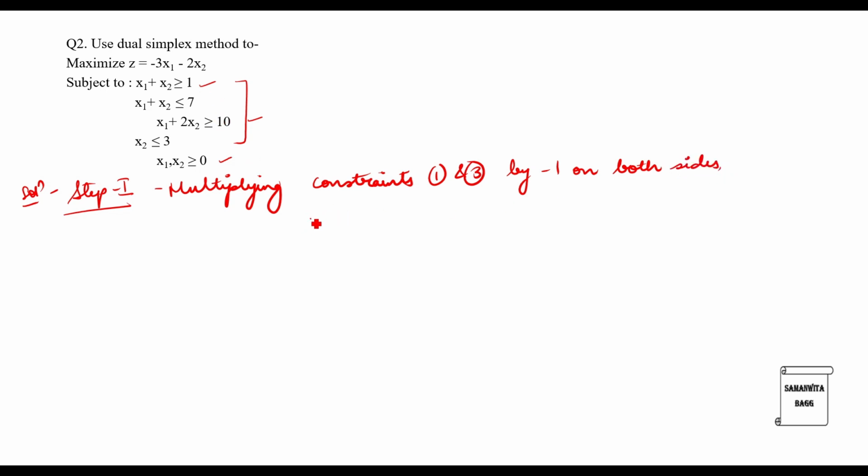The first constraint becomes minus x1 minus x2 less than equal to minus 1, and the third constraint becomes minus x1 minus 2x2 less than equal to minus 10.